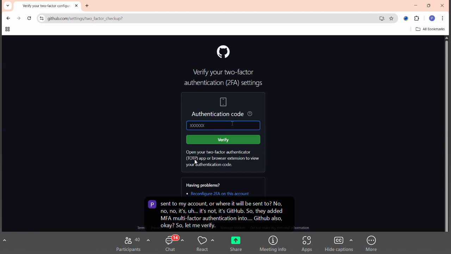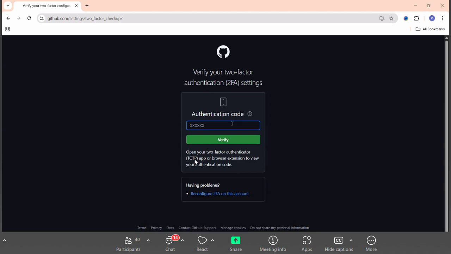Did they send the code to email or what? Two-factor authentication, TOTP, or browser extension.